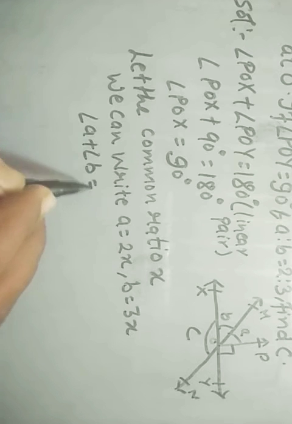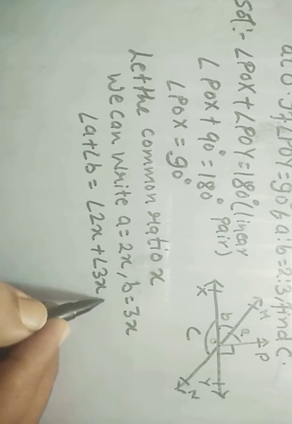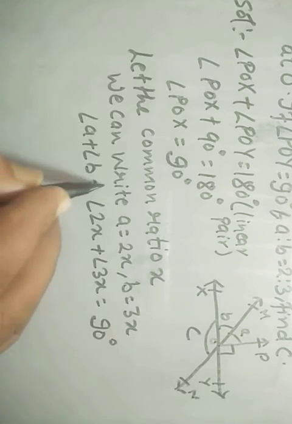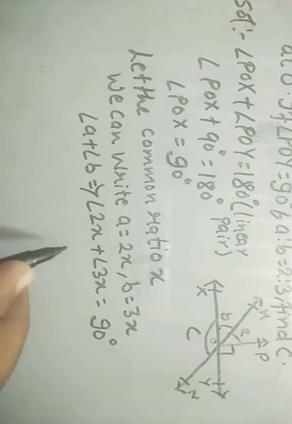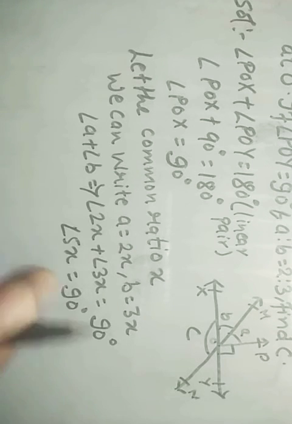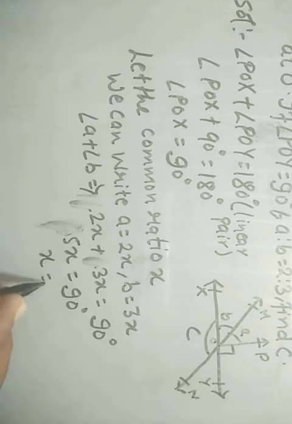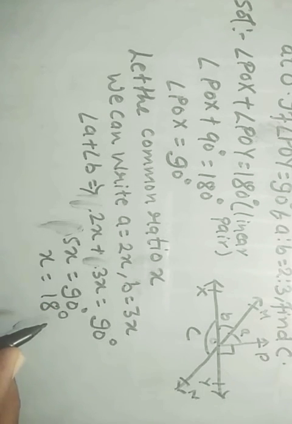So the sum of angle A plus angle B is equal to 2x plus 3x, which is equal to 90 degrees. After adding, we get 5x is equal to 90 degrees, and x is equal to 90 upon 5, which is equal to 18 degrees. So the value of x is 18 degrees.